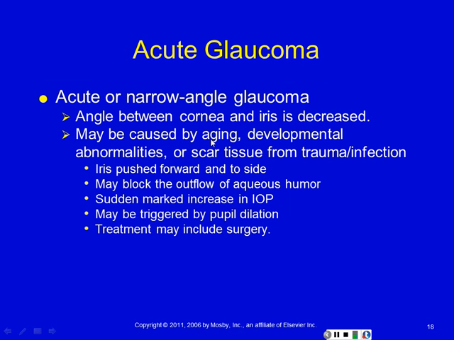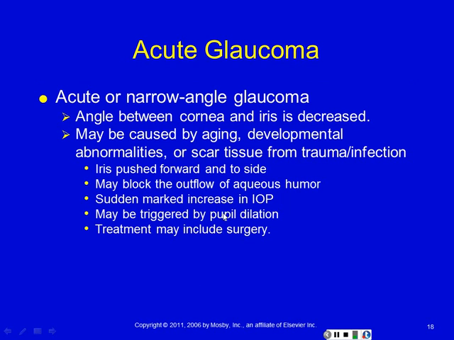So this can happen because of aging, as the lens becomes less flexible, or developmental abnormalities, so this can be something you're born with but doesn't necessarily trigger symptoms very early. Anything that pushes that iris forward and to the side is going to block the outflow of aqueous humor. This can also be triggered by pupil dilation.